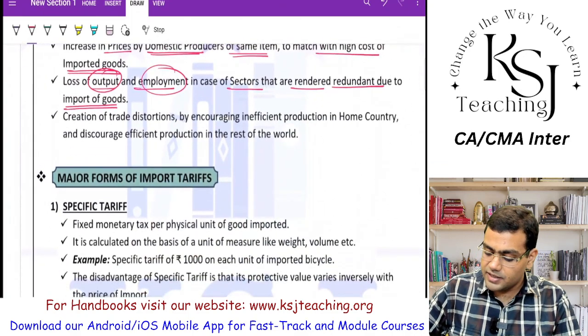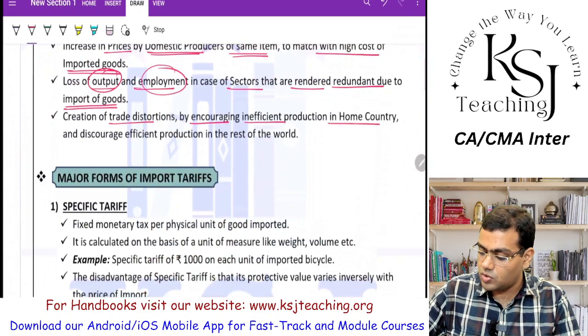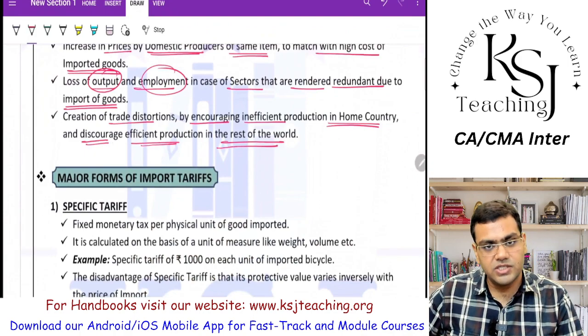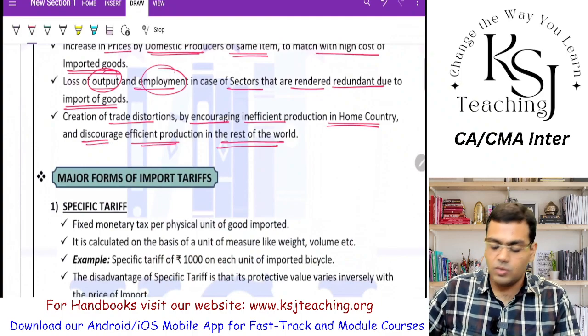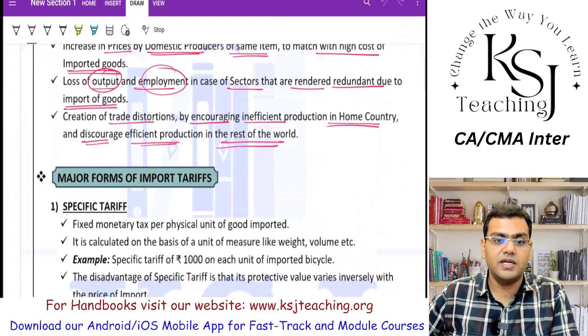Then he says creation of trade distortions by encouraging inefficient production in the home country and discouraging efficient production in the rest of the world. Now, trade distortions we'll study later on also in this part only, right? So it can create trade distortions by encouraging inefficient production in the home country.